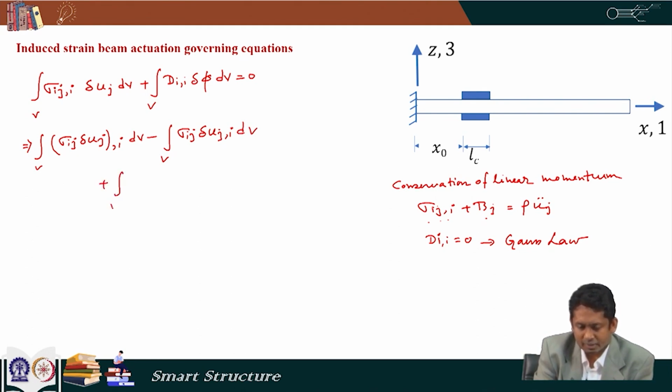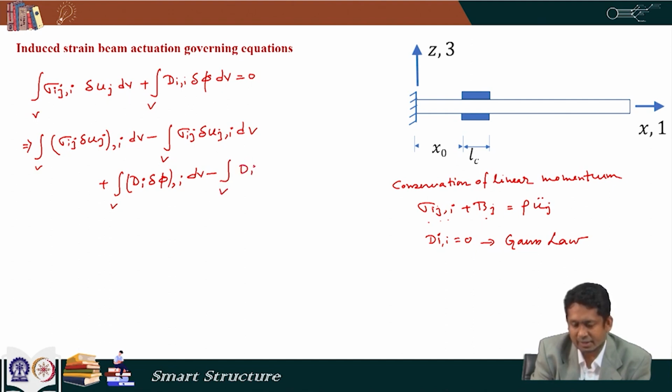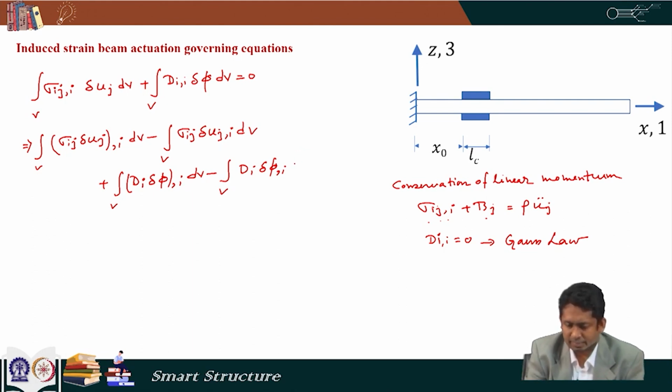Similarly, this can also be rewritten as product of Di into variation of potential phi comma i minus Di comma i into variation of potential, and then again dV equal to 0.